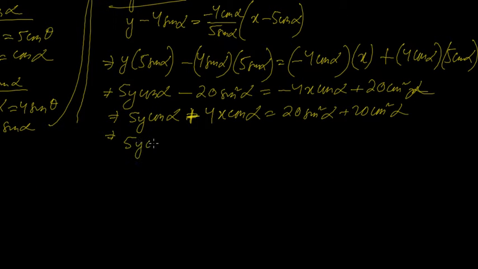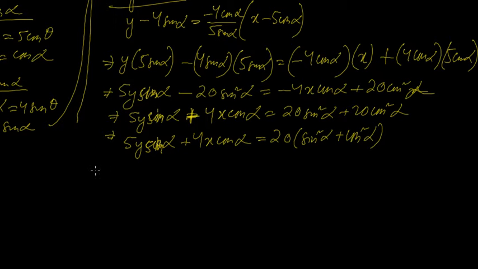So 5y sine alpha plus 4x cos alpha. I think this was sine alpha, I wrote cos alpha. Okay, if I take 20 common, this would be sine square alpha plus cos square alpha.